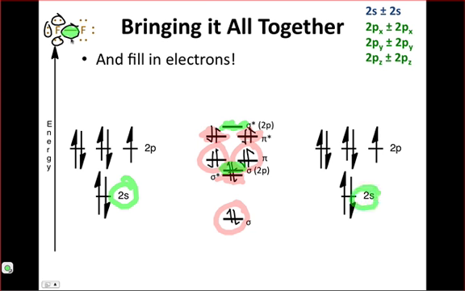And indeed, that is experimentally observed. So building the MO diagram has told us some extra information that simply looking at the Lewis structure couldn't tell us. And this is an example of where molecular orbital theory really adds some real information to the conversation about organic molecules.